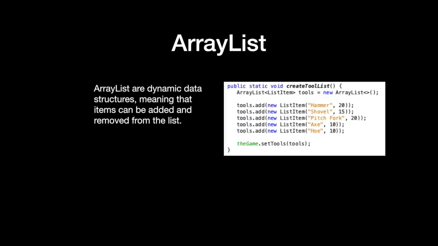The third element is the array list. Array lists are dynamic data structures, so we can add or remove values or elements from the array list. It's the same as an array, but this time we don't have that fixed limitation. When we create the array list, we don't declare any number of elements to store.